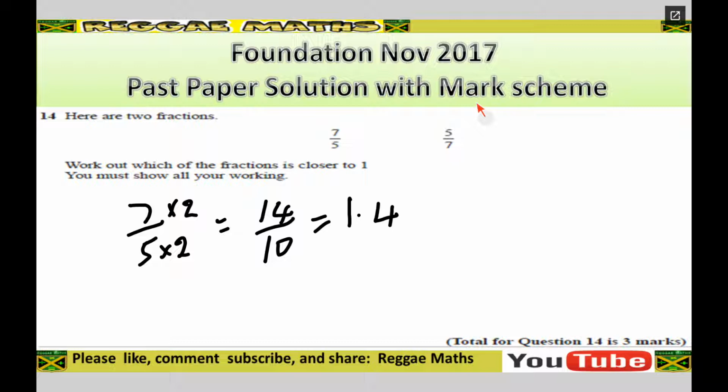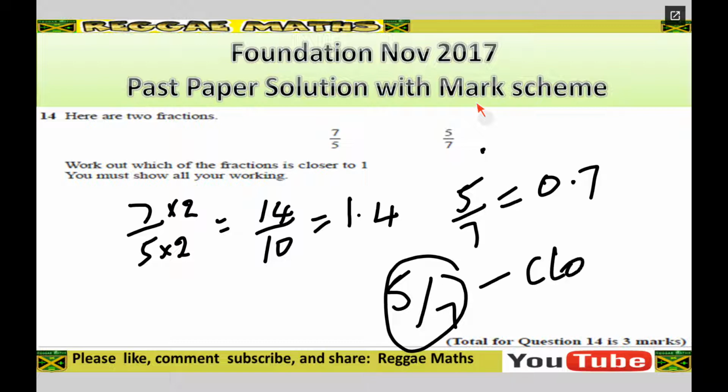Now if we look at 5 over 7, that equals 0.7. Looking at this, you can see 1.4 and 0.7, so that's 0.3 and 0.4, so 0.7 is closer.